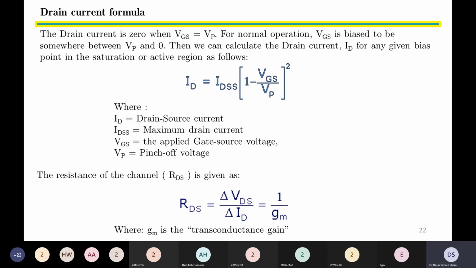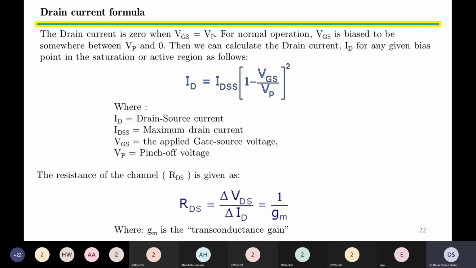Now the resistance of the channel between drain and source is labeled as RDS, and it is given by the formula RDS is equal to delta VDS over delta ID, where delta VDS is the change in drain source voltage and delta ID is the change in drain current.